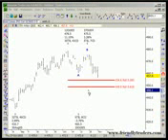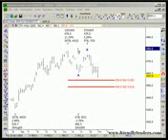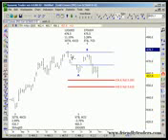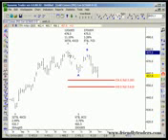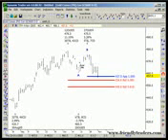I'm going to now take the 100% alternate price projection of wave A, which is the typical wave C price target. You take the length of wave A projected from the top of wave B, which is at 457.5. I'm going to repeat that. You take the length of wave A projected from the top of wave B, also known as the alternate price projection.